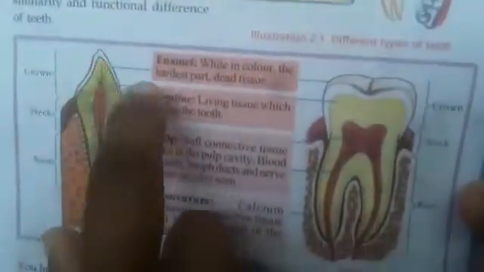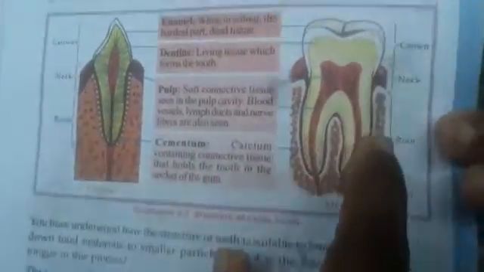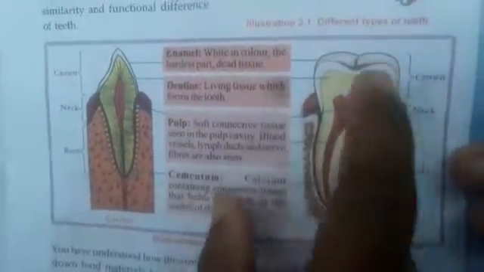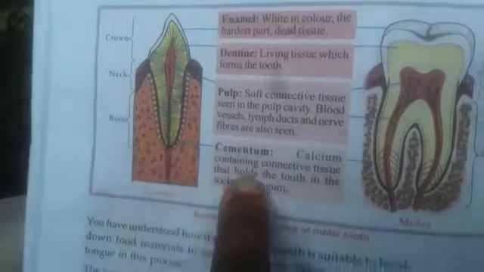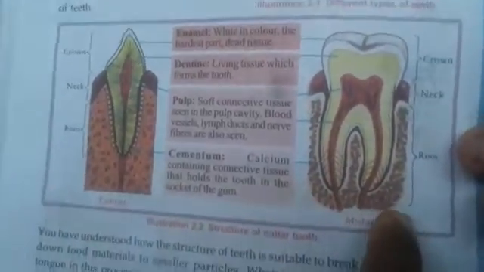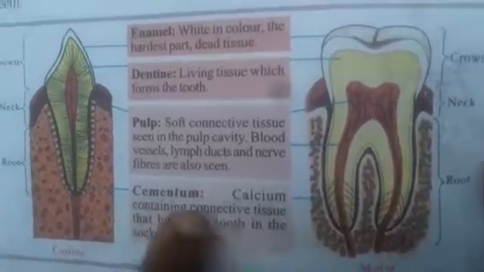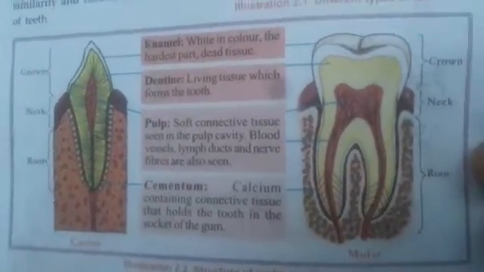This is pointed, and this one is flat. Then you can see the difference in the crown part of this canine and molar. This is the root part. Here you can see 2 roots in the molar and 1 root in the canine. These are some differences between the canine and molar.